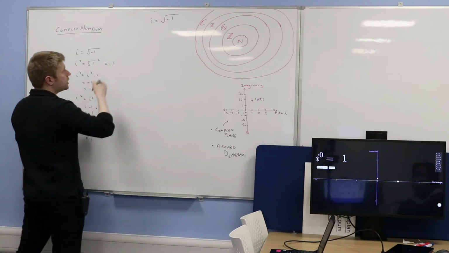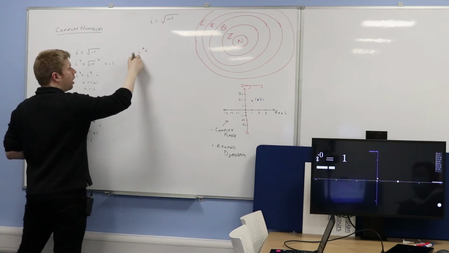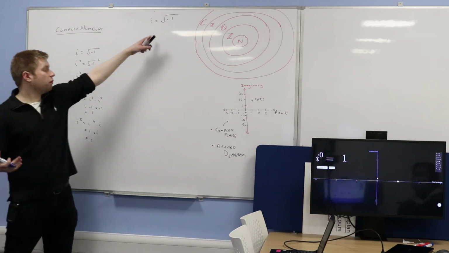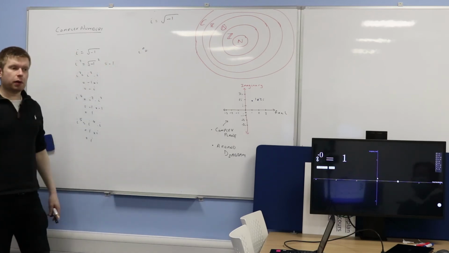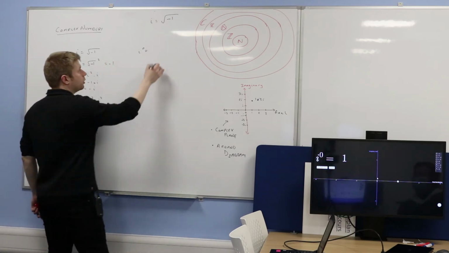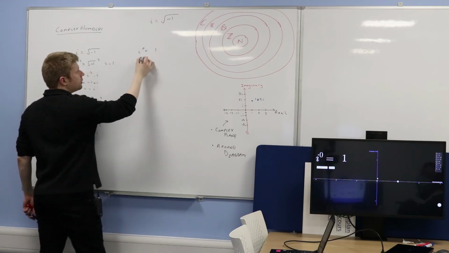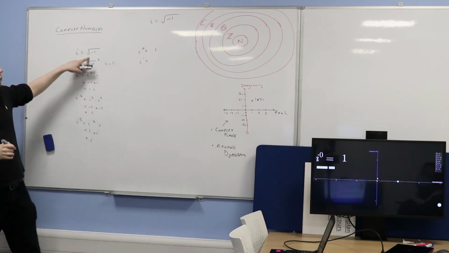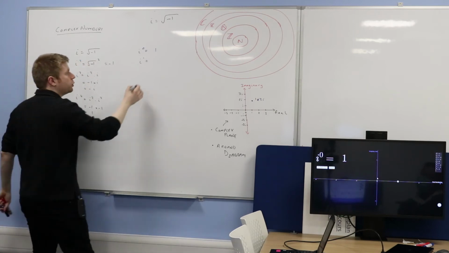Now, let me just write it out again. We didn't do i to the power of 0, but given that i is just a number, exactly the same as before, any number to the power of 0 is always 1. Now, what do we say i to the power of 1 was equal to? i. Fairly obvious, it's equal to itself.